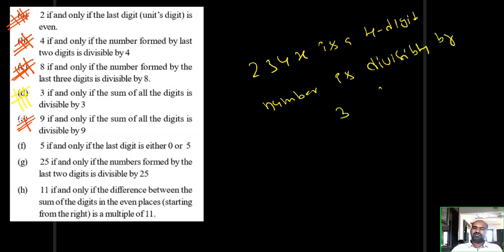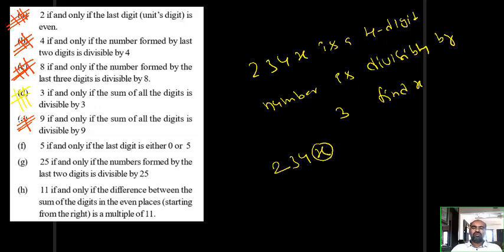Find x. We want to find possible x values so that this number is divisible by 3. X is a digit, no? X may be 0 or 1, 2, 3, 4, 5, 6, 7, 8, 9. 10 chances are there for x. But among that we want to identify the values of x for which the total number is divisible by 3.